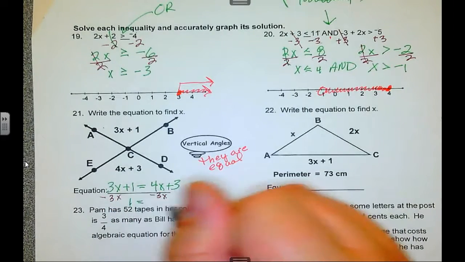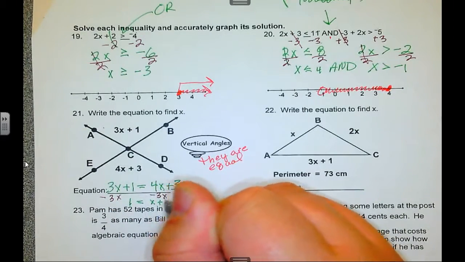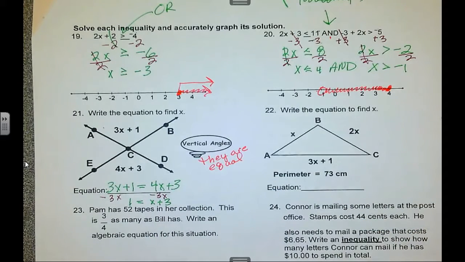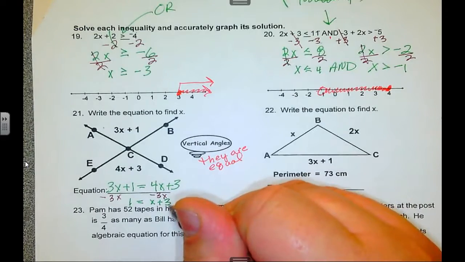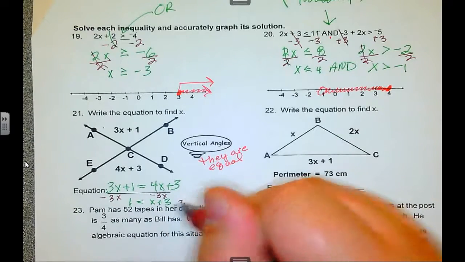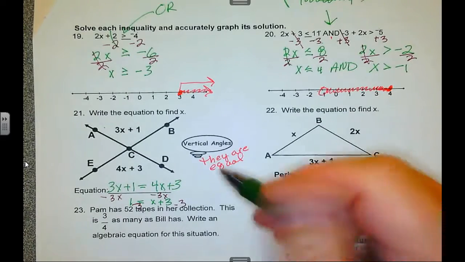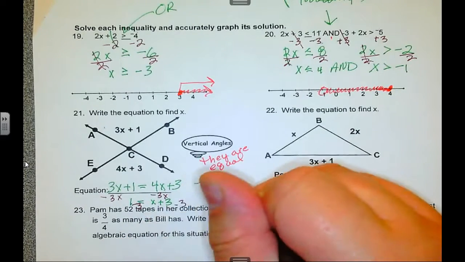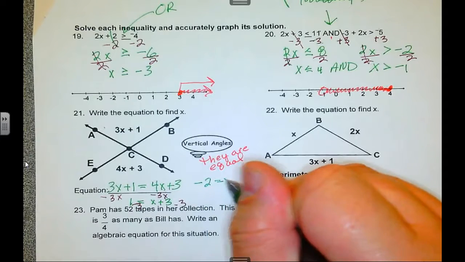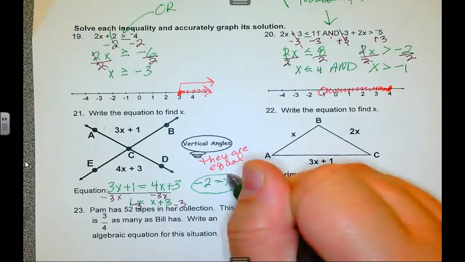I get 1 equals x plus 3, and then subtract 3 from both sides. So 1 minus 3 is negative 2. It's going to equal my x.